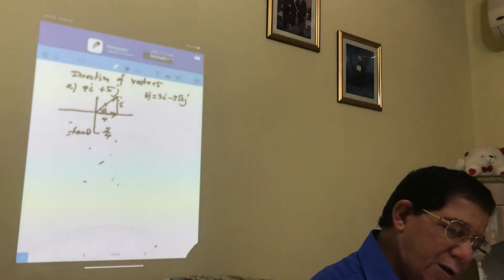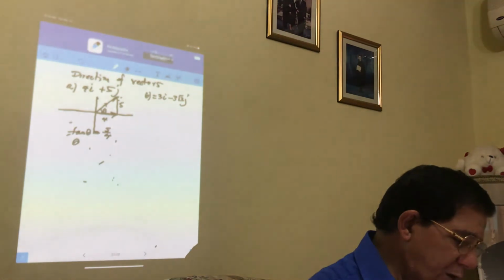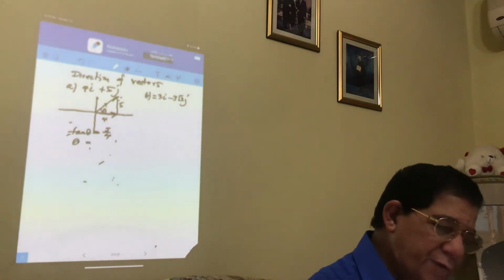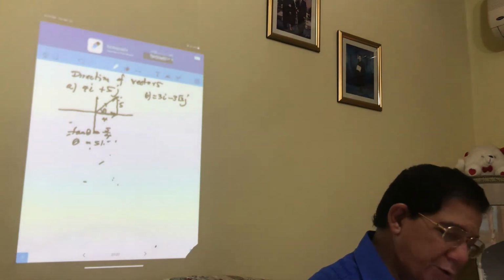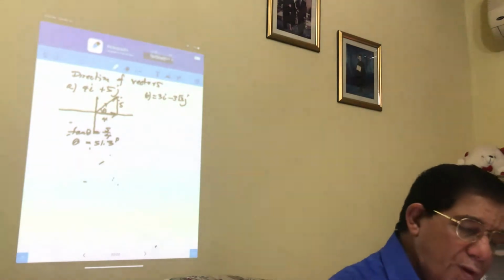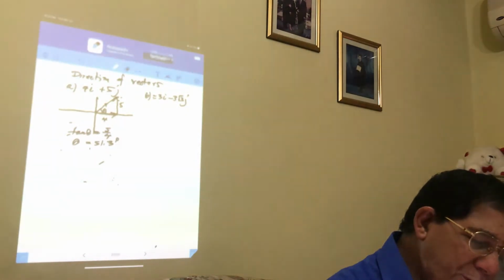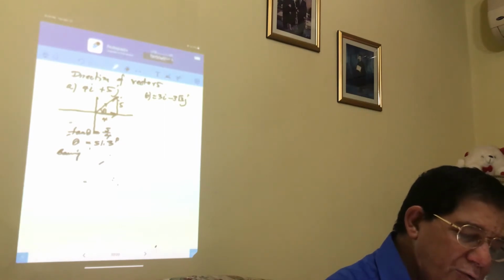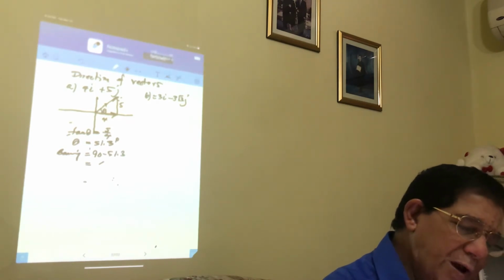tan theta equals 5/4. We got the angle theta equal to 51.3 degrees. If you were asked what is the bearing of that direction, we just say 90 minus 51.3. Okay, we got the bearing.